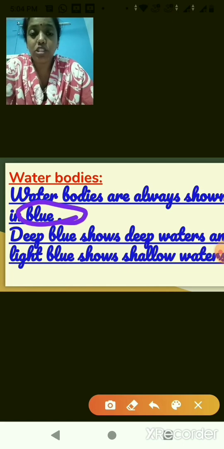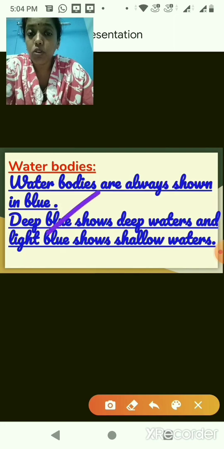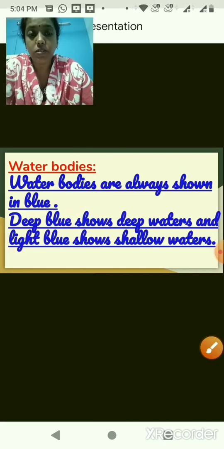Yes, water bodies are always shown in blue. Deep blue shows deep waters, whereas light blue shows shallow waters.